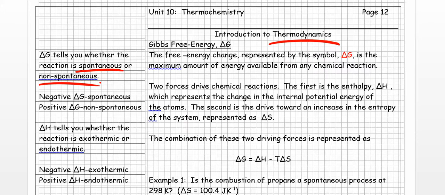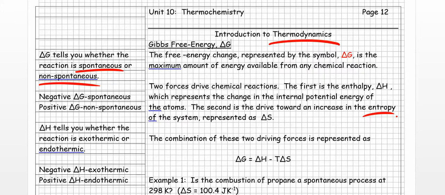So in the process of breaking apart molecules and reforming them, a certain amount of energy is going to be either required or released depending on whether the reaction is exothermic or endothermic, right? So that's the first driving force. The second driving force is an increase in the entropy of the system. We're going to be talking a lot more later on in this particular screencast about entropy. But entropy also plays a role in whether a reaction is thermodynamically favorable or not.